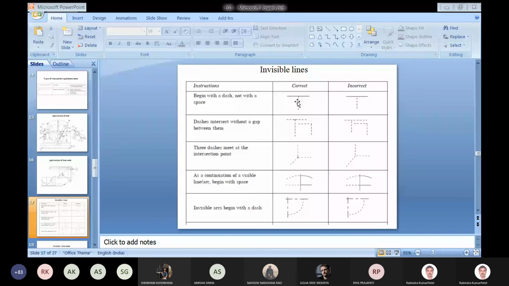In this case, as a continuation of a visible line, begin with a space. This has to be followed. If the continuous line and dash lines are in continuation, then we put a gap where the continuous line ends, and we put the dash like here and here, in the case of an arc as well as in the case of a line.